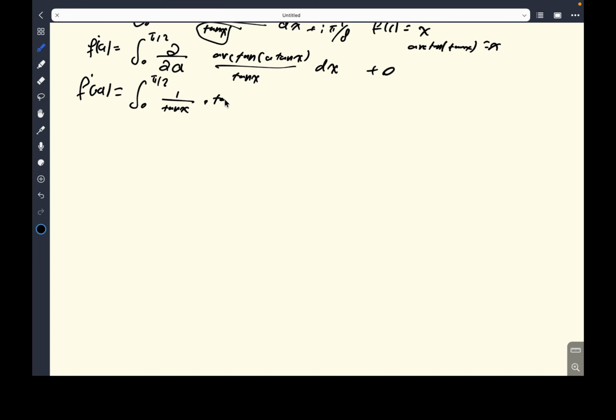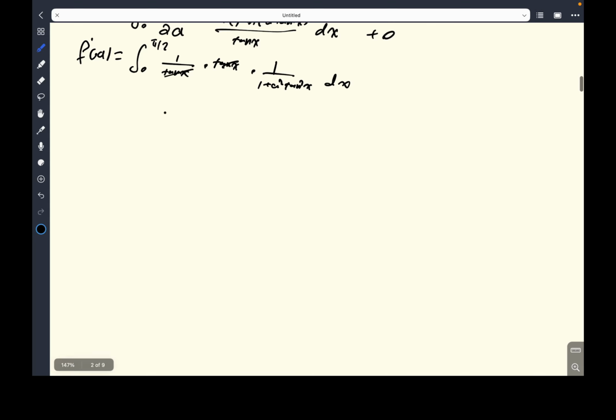With the chain rule, I multiply again by tan x times 1 over 1 plus a squared tan squared x dx. These two tan x's cancel out, and I'm left with f prime of a, the integral from 0 to pi over 2 of 1 over 1 plus a squared tan squared x dx.